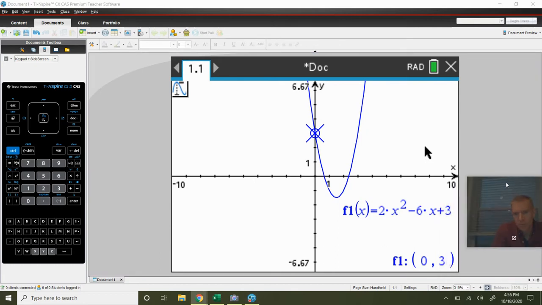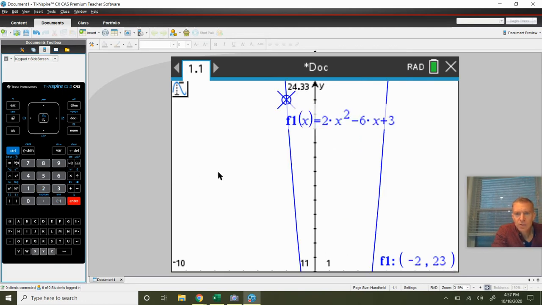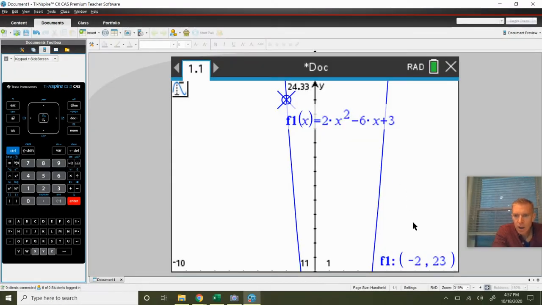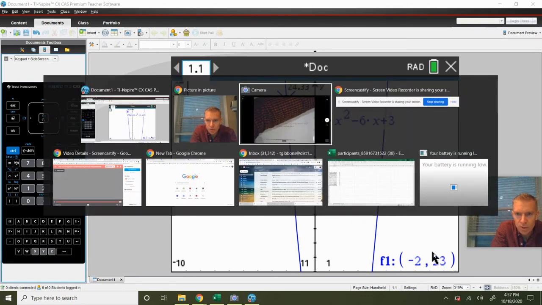We wanted f of negative 2, so type in a negative 2, hit enter, and it gives you your y value. It actually changed our window for us. We didn't have to modify the window manually. So when x is negative 2, our y value is 23, which is exactly what we found.